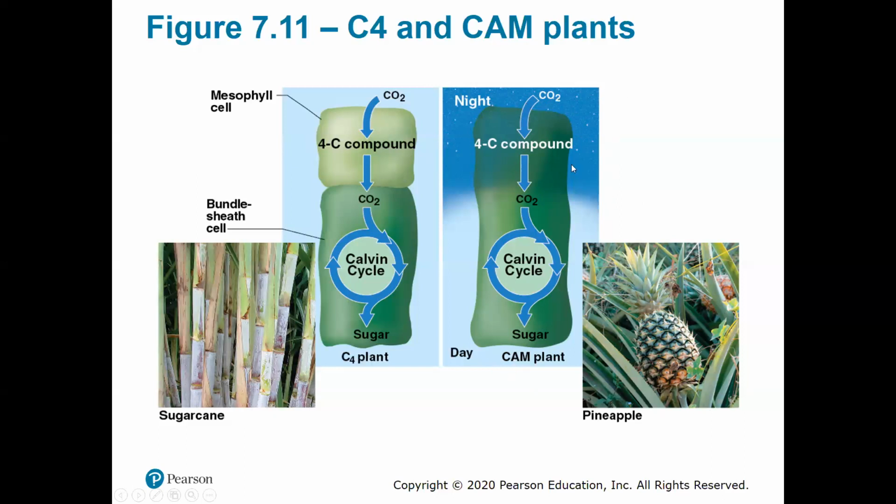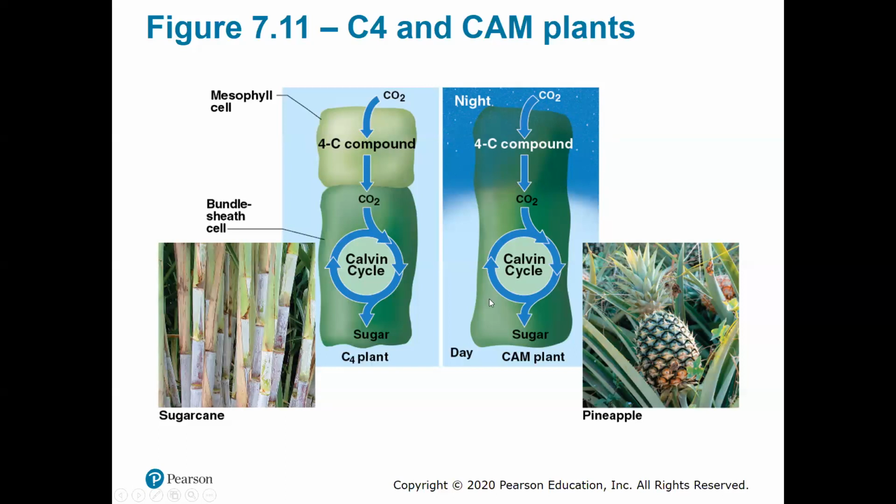So it's better, for example, for cacti to open their stomata at night and allow carbon dioxide to enter into the cells, because it's cooler at night. They're less likely to lose a lot of water. And so the carbon dioxide will be taken in at night.